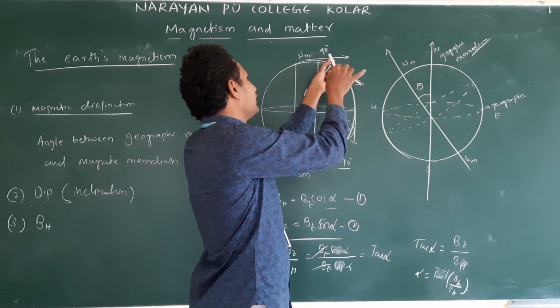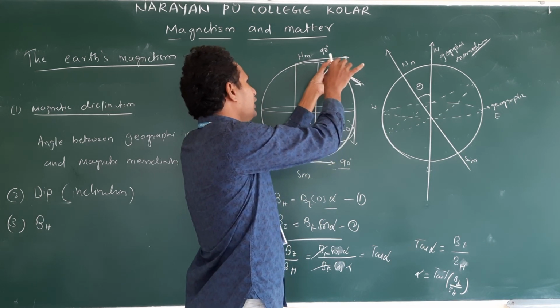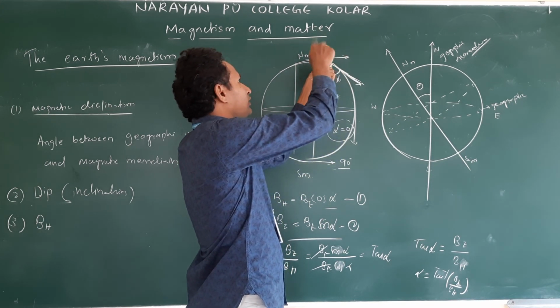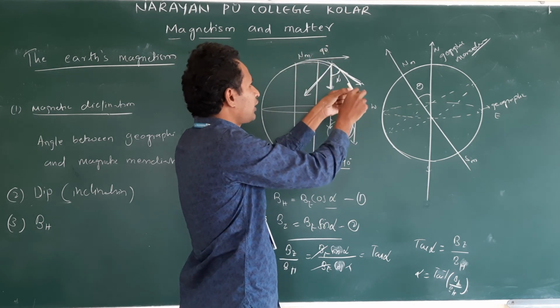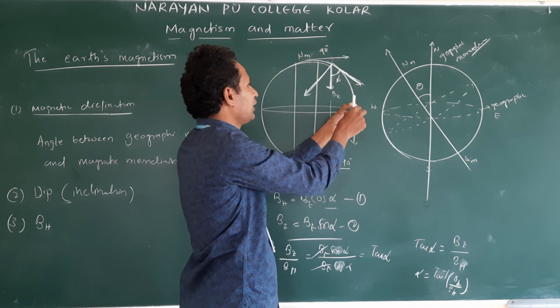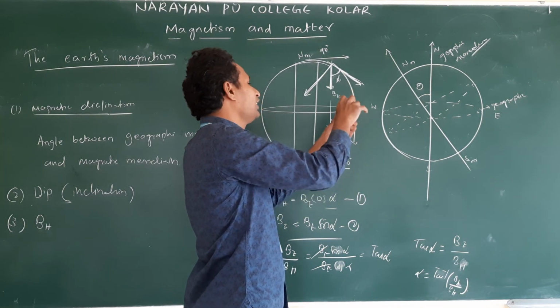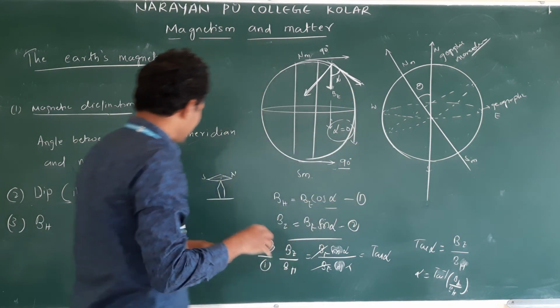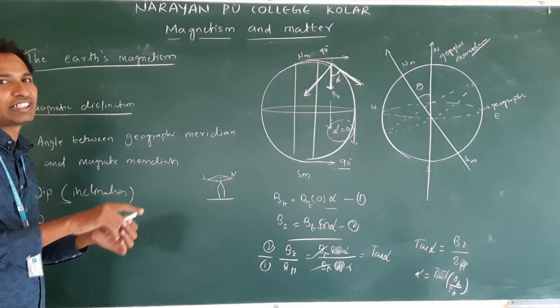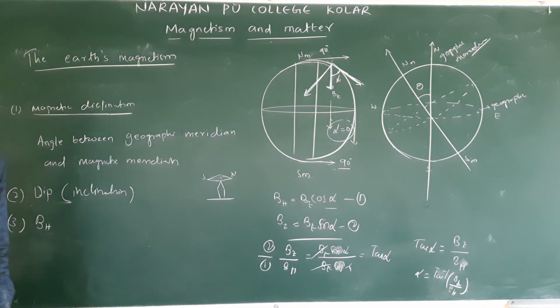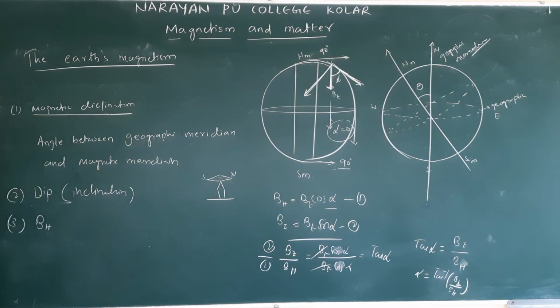If it is placed at the equator, it comes parallel. The dip needle rotates vertically; the compass needle rotates horizontally. That is the difference. Understand? So make a note on this here.